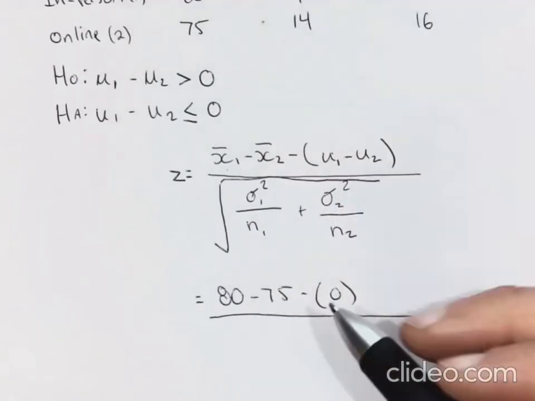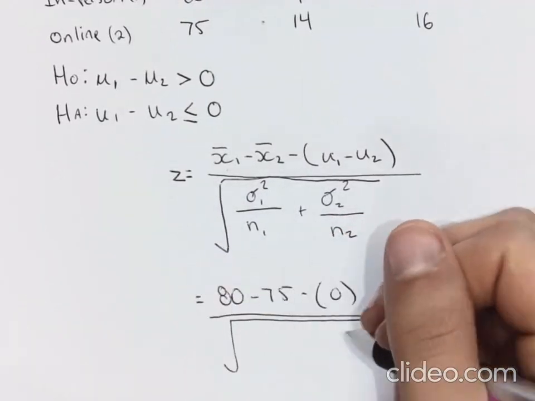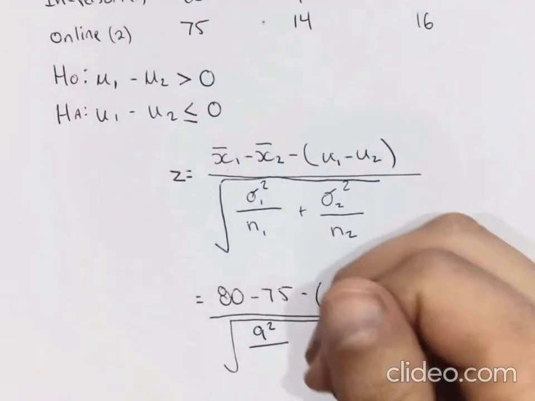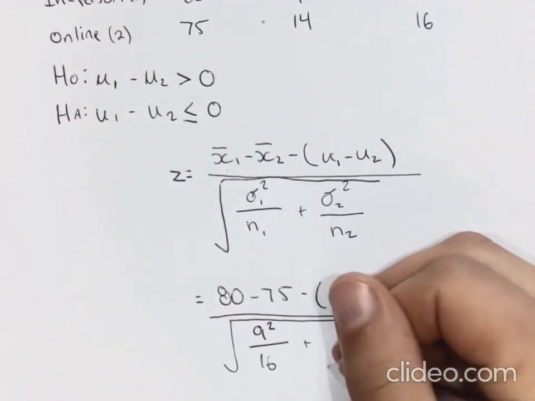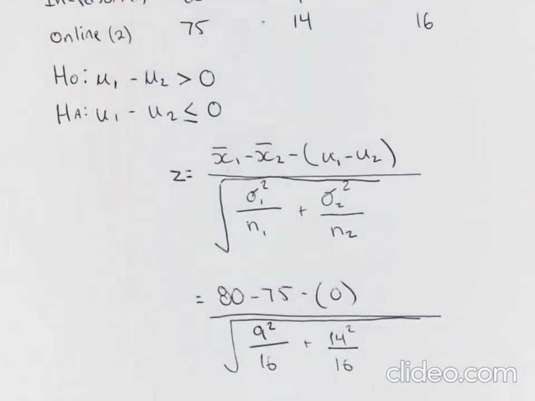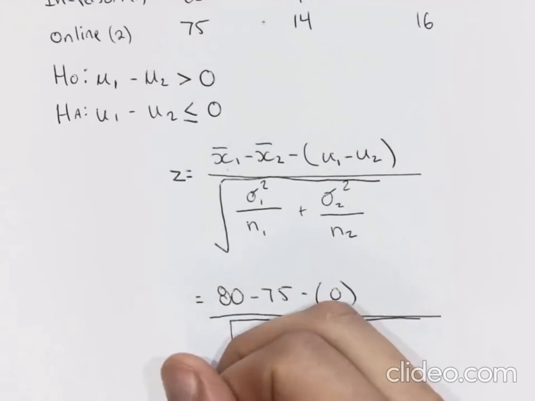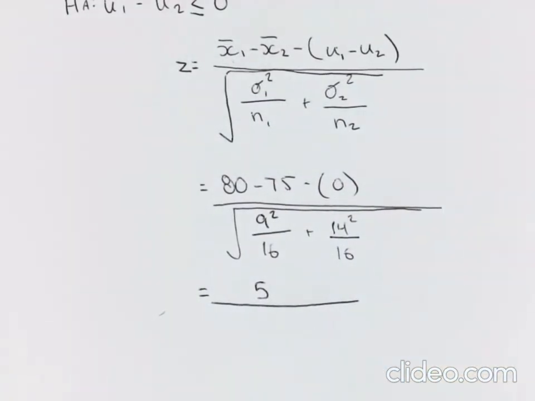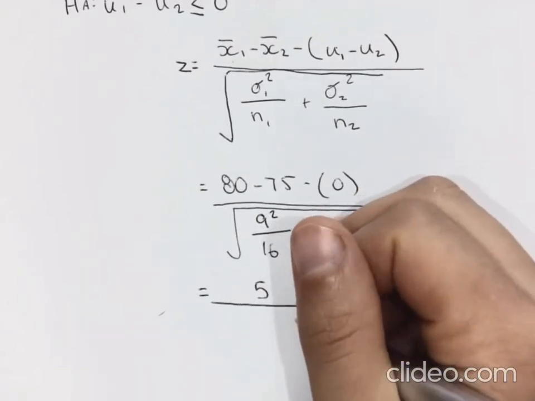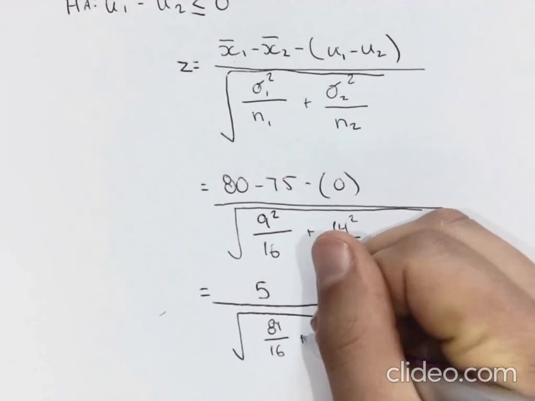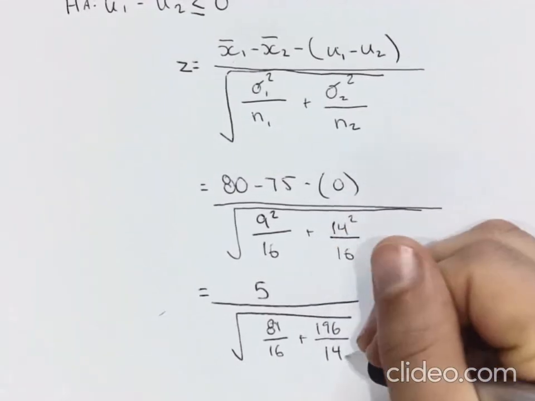Our standard deviation for first is nine squared over 16 plus 14 squared over 16. So we have 5 in the numerator.